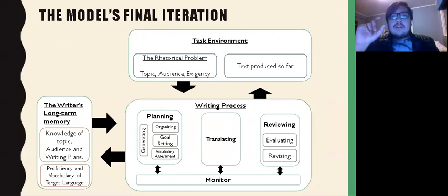While a lot more revisions can be made, they're not necessarily added directly to the model. But we can account for the fact that when we translate, we could also be translating from one language to another. For instance, if we have the idea of trying to say different scenes from a novel, we have to translate it first to Spanish to understand what we're trying to say, and then we would have to translate it into the target language.